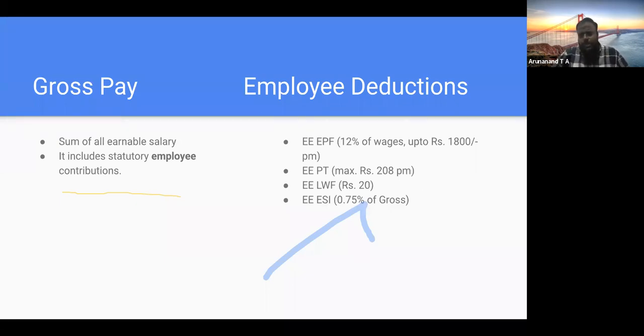EPF is a fund which is mandatory for all the employees, but there is one situation where you can ask not to have EPF. That's when you take up the first job of your life. When you're taking up the first job of your life, you have an option to choose out of EPF.